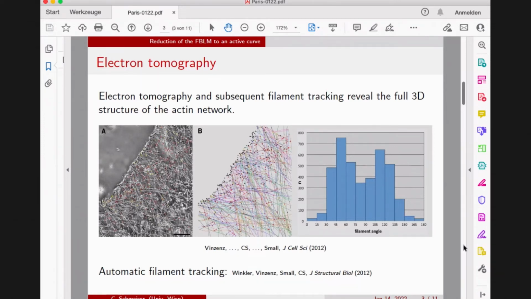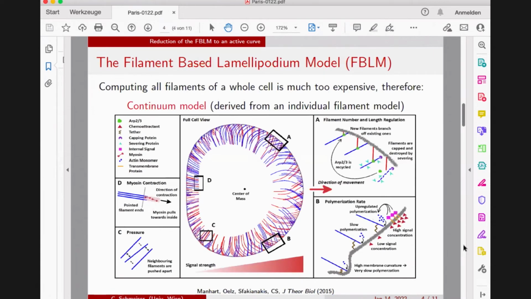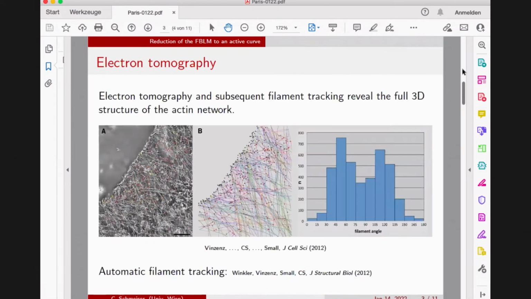So that is the kind of experimental evidence here. And built on that experimental evidence, we have tried to build a model. And for the modeling, of course, we have to make some assumptions, right? We wanted to build a model based on filaments, but it would be very hard to get something interesting if you tried to model all these filaments in detail with all these variations in positions which they can have.